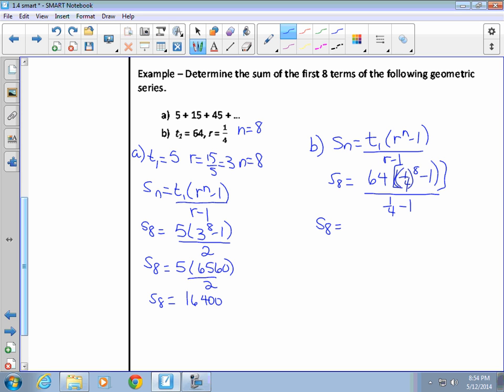Remember when you are doing a fraction to the power, the power applies to the numerator and to the denominator. So this is 1 over 65,536 minus 1. And this is over -3/4. So 1 minus 65,536 over 65,536.